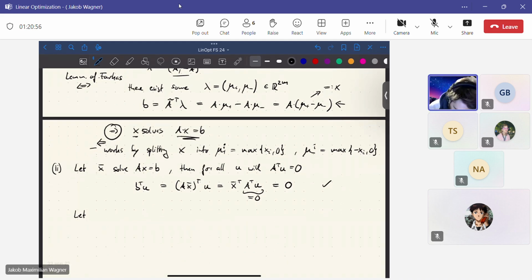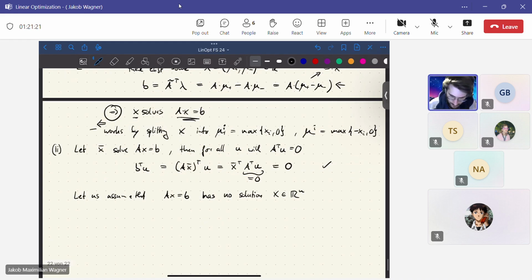So let's now assume that this Ax equal to b has no solution. And what does this mean, that this equation system has no solution?